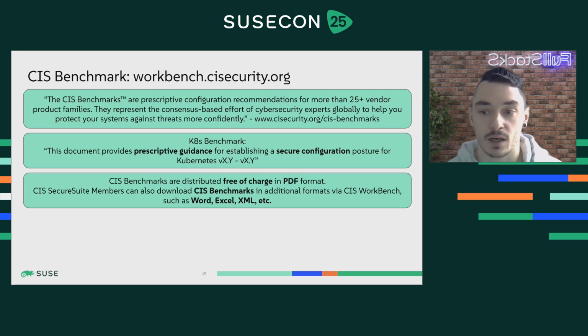CIS benchmarks are commonly distributed free of charge in PDF format. And if you're also a CIS SecureSuite member, you can also download them in more machine-readable formats such as Word, Excel, or XML, for example, if you need a more editable or machine-readable version of them, which is actually quite neat sometimes.